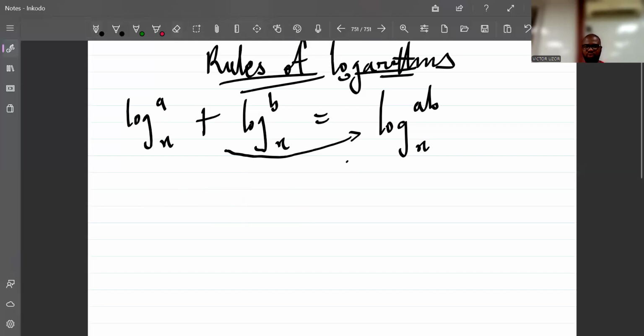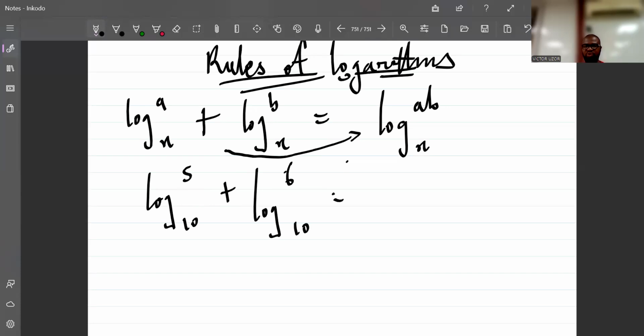So for example, log 5 base 10 plus log 6 base 10 is going to be log 30 base 10.